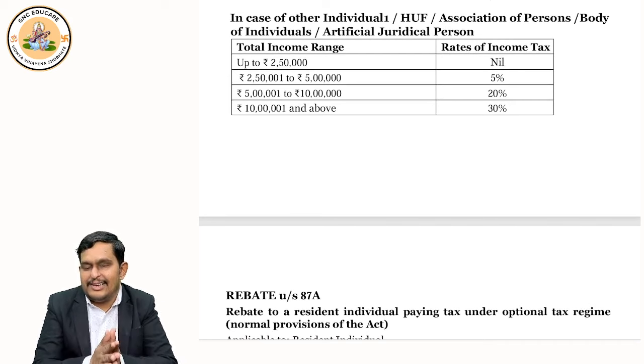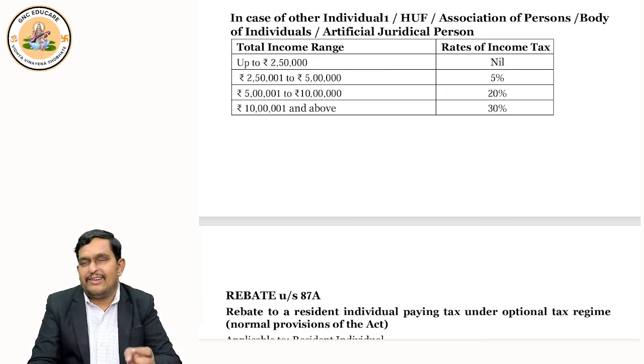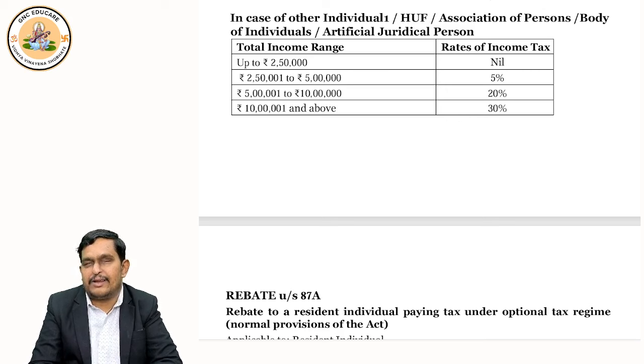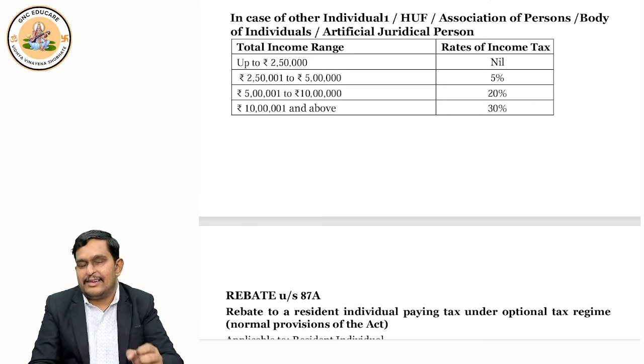If he is a resident senior citizen between 60 to 80 years, up to 3 lakhs nil, 3 lakhs to 5 lakhs 5%, 5 lakhs to 10 lakhs 20%, 10 lakhs above 30%. Then if he is resident but below 60 years, non-resident irrespective of age, AOP, BOI, AJP, in that case, up to 3 lakhs nil, 3 lakhs to 5 lakhs.